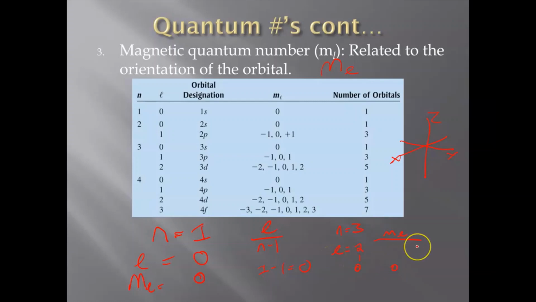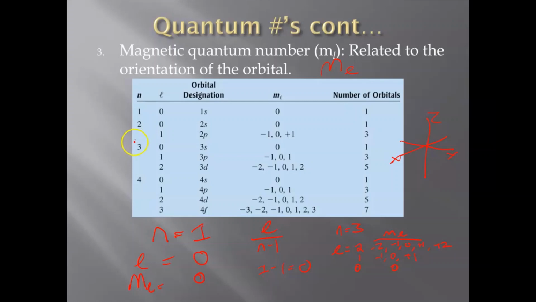It's 0, there's no range because it's 0. But for L equal to 1, the range is going to be minus 1, 0, plus 1. And then for L equal to 2, it's going to be minus 2 to plus 2. And that's the pattern that you see here.